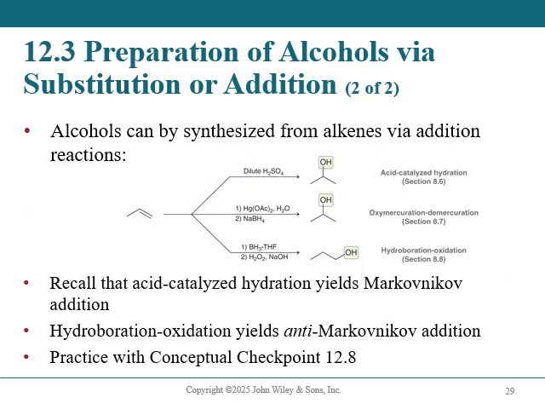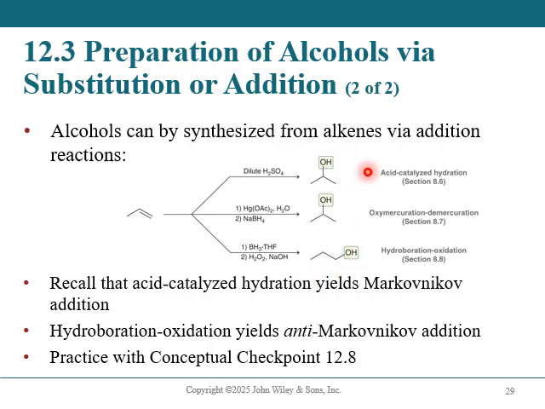Alcohols can be synthesized from alkenes via addition reactions, in which case you have a number of mechanisms. It really depends on where you want that hydroxyl group to land. Right? You want a dilute sulfuric acid for your secondary alcohol, or with your reducing agent. You may also try a peroxide route for your terminal alcohol.